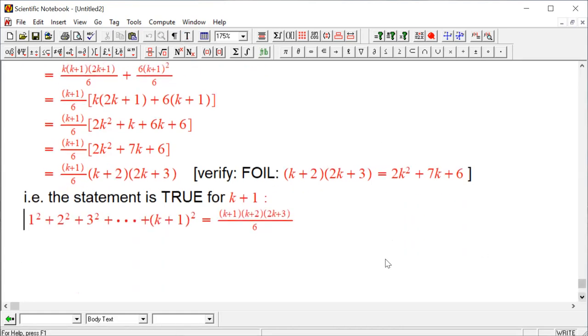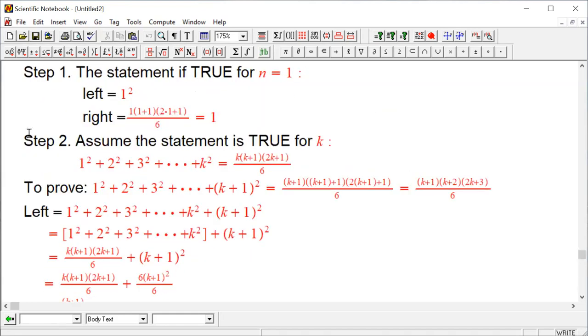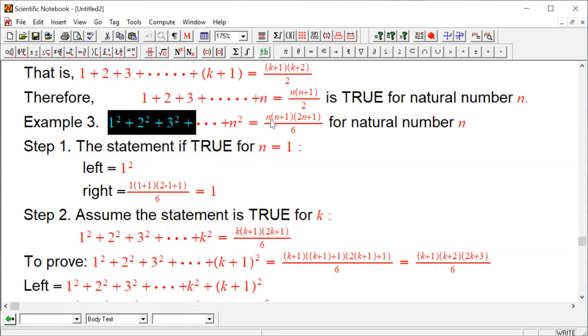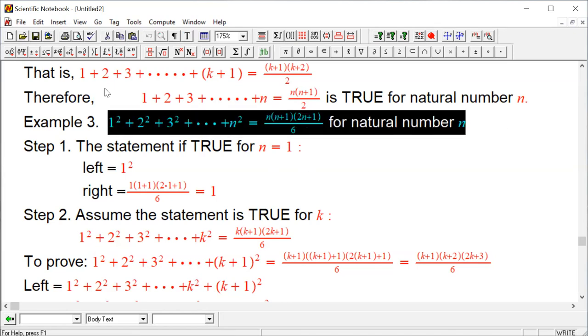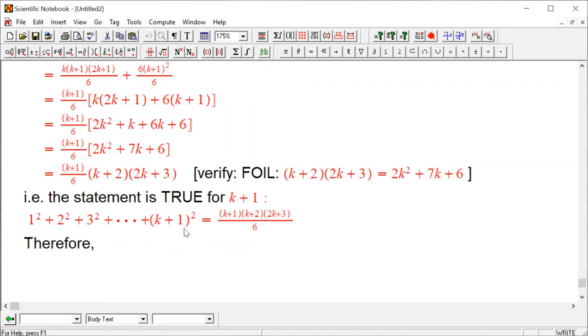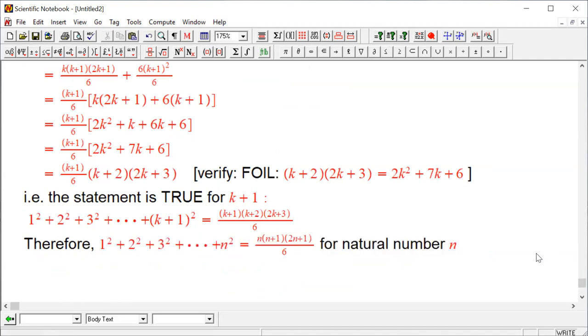By this time, we have completed all steps in mathematical induction. So you can say, therefore, the statement is true. What statement is true? The statement is true for all natural numbers n. So this is the mathematical induction method that has proof.